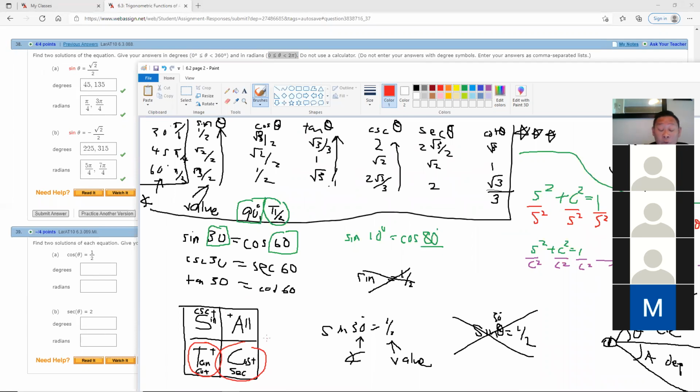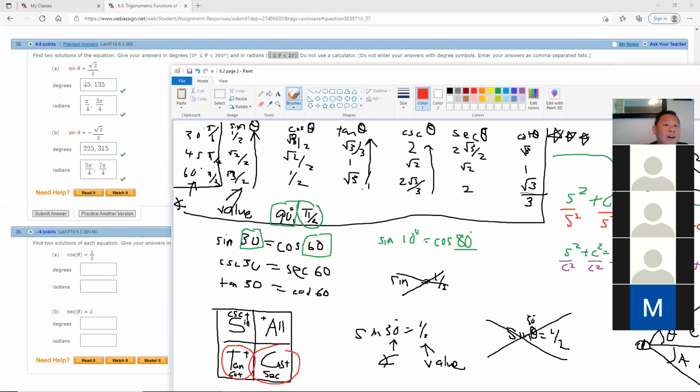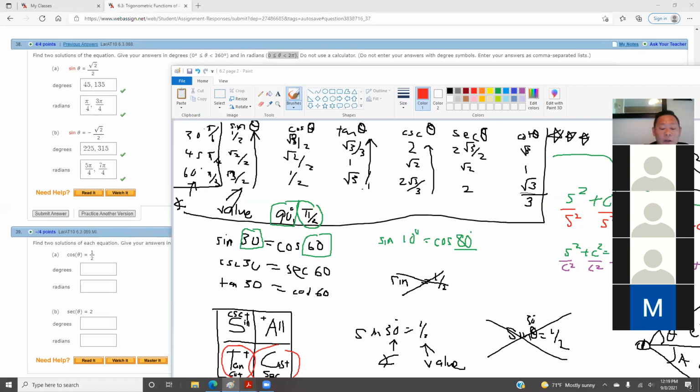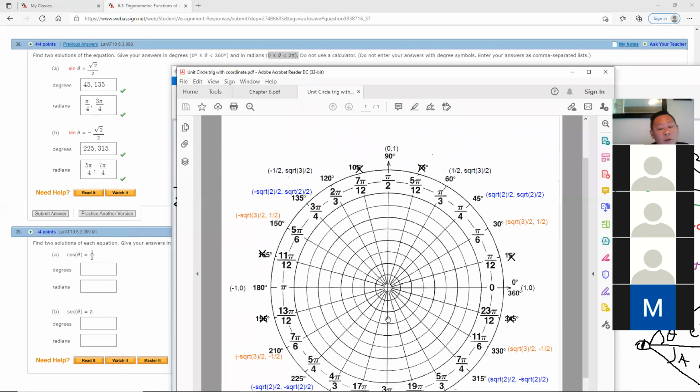Positive is in quadrant 1 and 2, negative in quadrants 3 and 4. So you have answers in quadrants 3 and 4. Oh yeah, I already knew how to do this, I was just wondering why we keep putting 2. Now I get it. Yeah, because the question is asking for the whole circle, the whole revolution, so you have to do all those things. All right, so this is very important.